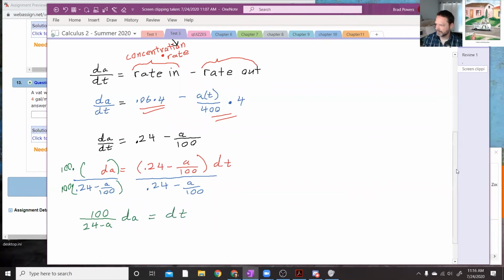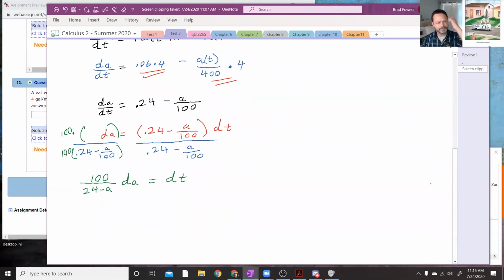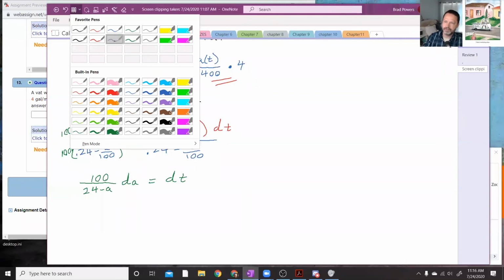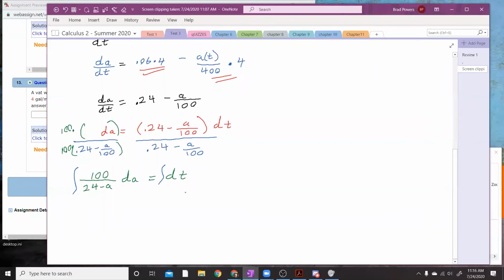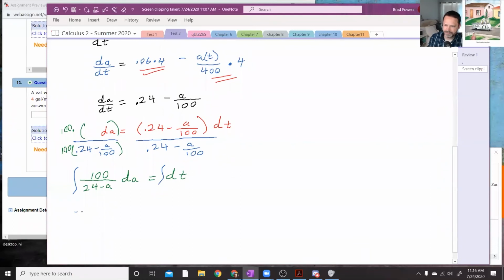That looks a little better. What do you think? Better? Looks a lot better. All right. And now we can take the integral. So now we integrate. And what is this? I think I'm going to get a negative here. So wait, dA, yeah.